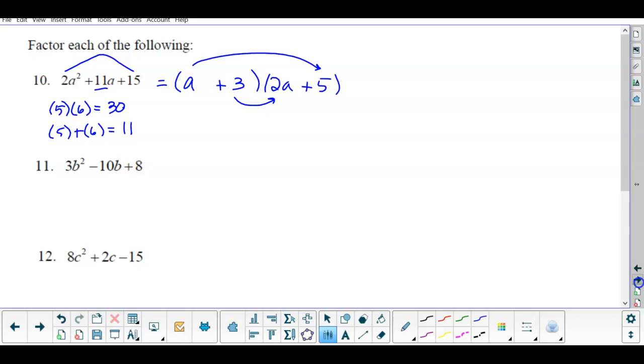Right? Or you could look for factors of 15 and say, okay, well, is it 15 and 1 or 3 and 5? So you can narrow it down that way. But that's it. Okay, so I didn't really show much work. If you had done decomposition, you would have done 2A squared plus 5A plus 6A plus 15.